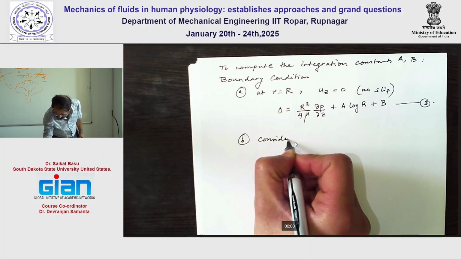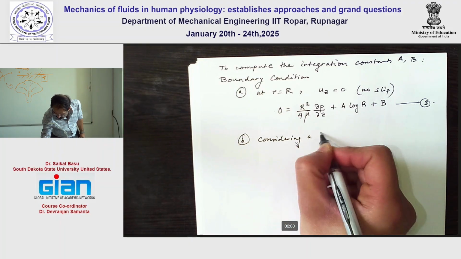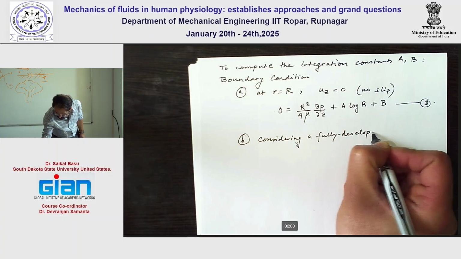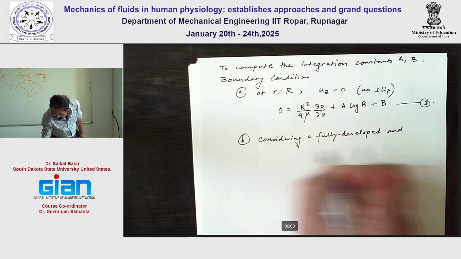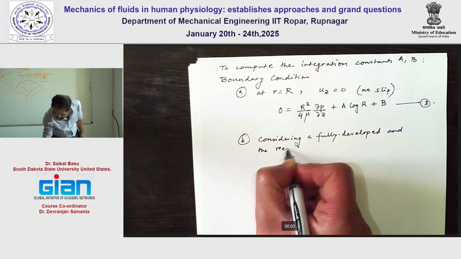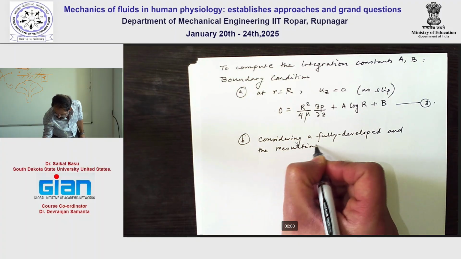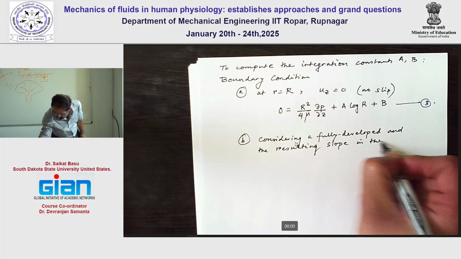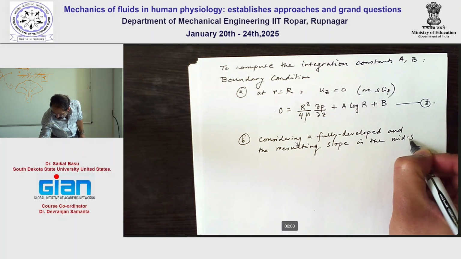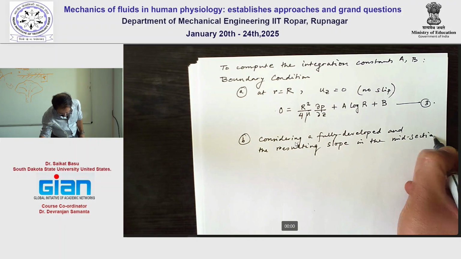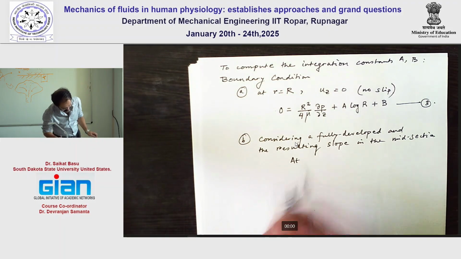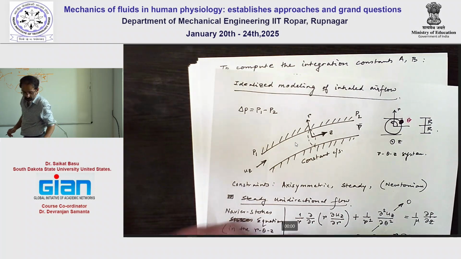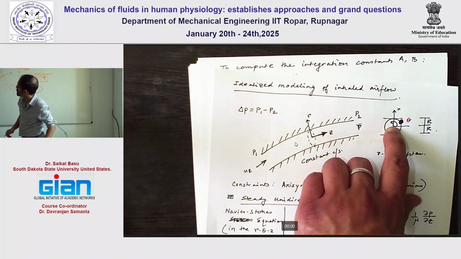Considering a fully developed flow and the resulting slope in the midsection, the midsection has small r equal to 0 because that's how the coordinate system has been set up.